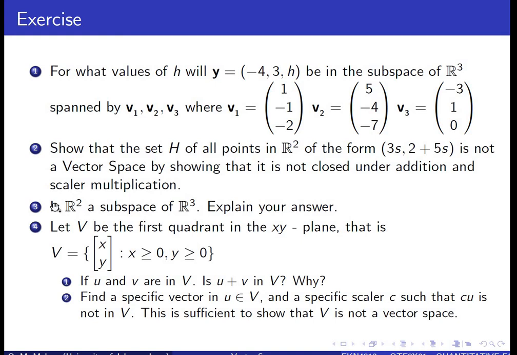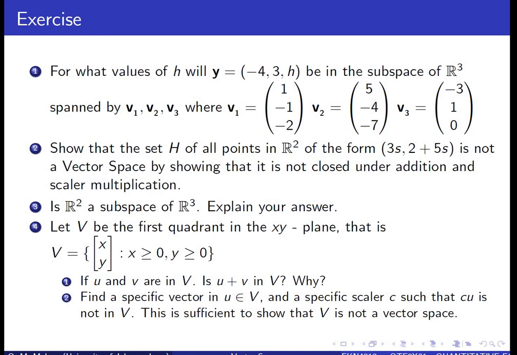And then number 3, they want to know if R2 is a subspace of R3. Clearly, R2 cannot be a subspace of R3, right? Because first of all, R2 is not even a subset of R3.